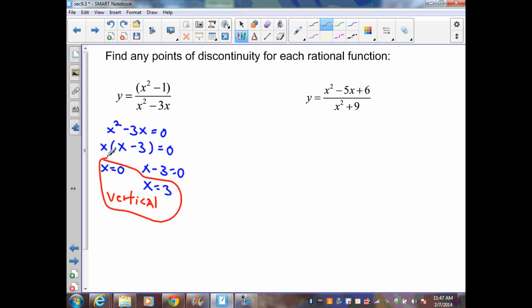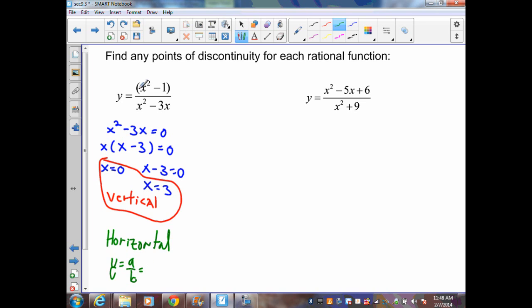Now I can find my horizontal asymptotes, if there are any, and I notice that the degree of my numerator is 2 and the degree of my denominator is 2. Therefore, when the degrees of my numerator and denominator are equal, I know I have a horizontal asymptote at y equals a over b.